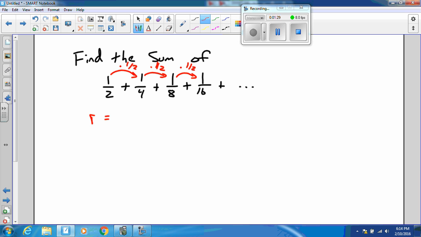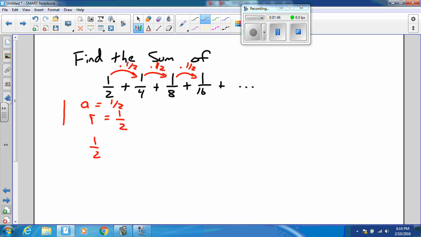So that's what marks it as a geometric sum, with an r value of 1/2 and also an initial value of 1/2. Written in unrolled form like this, it's very easy to pick up the two characteristics.